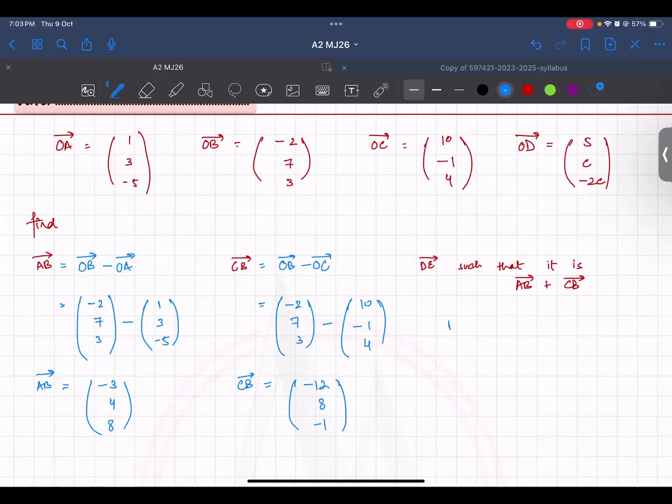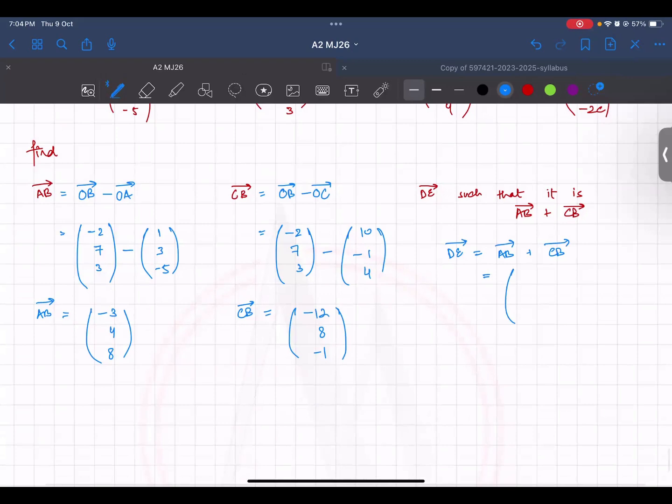Then they've told us that we have to find DE such that it is AB plus CB. So AB, we have found out, is -3, 4, 8, plus CB is -12, 8, -1. And now add it. So -3 plus -12 is -15, 4 plus 8 is 12, 8 minus 1 is 7.